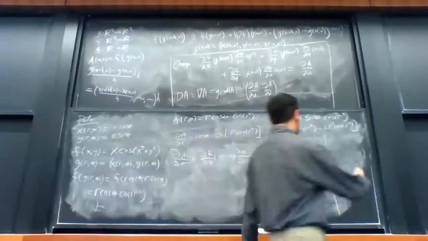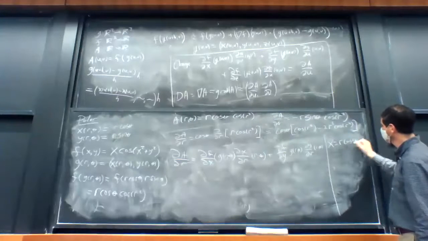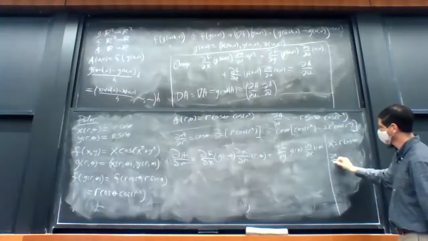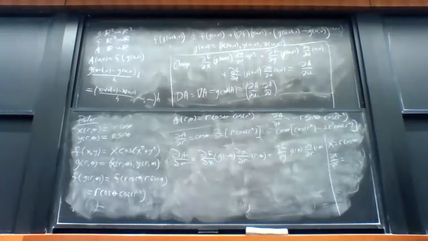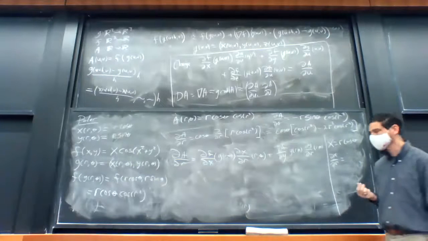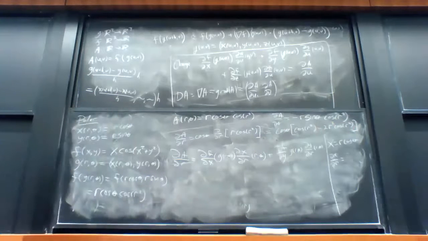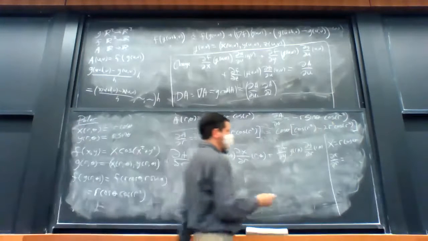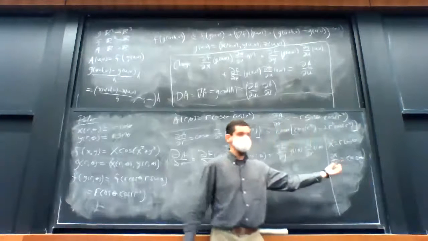Okay? X is equal to R cosine theta. So what's dx/dr? So if x is R cosine theta, dx/dr is just cosine theta. And I should be writing that I'm evaluating this at R theta.